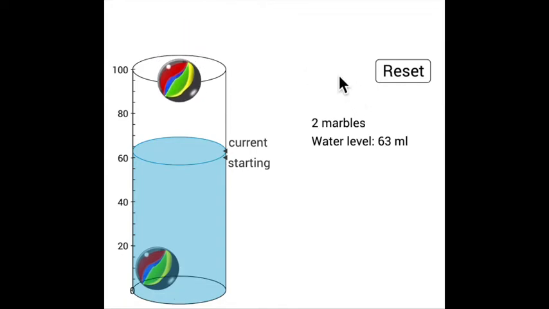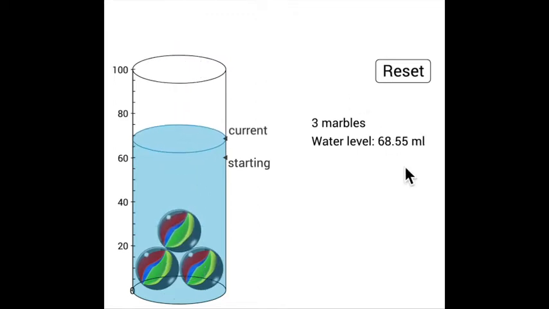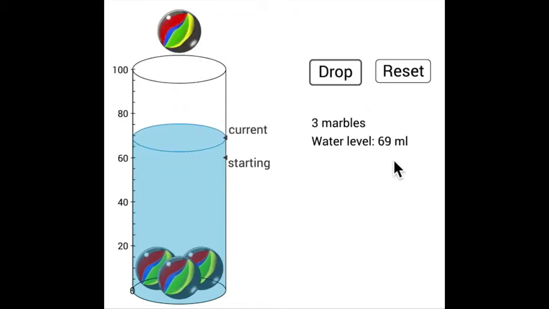If you do that 3 times, the second time goes to 66, the third time goes to 69 milliliters. So what's the volume that was added based on the marbles? Take away the 60, 9 milliliters, and how many marbles did you add? 3 of them. So what's the increase based on each marble? That's going to be 9 divided by 3.